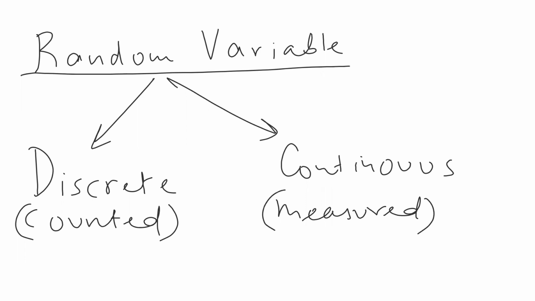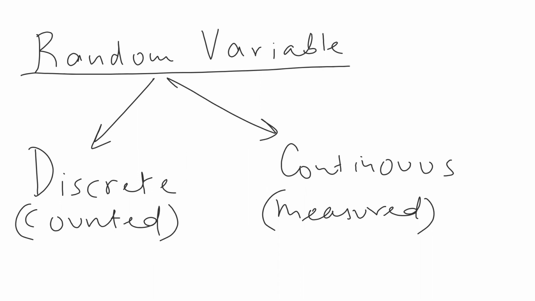Okay, discrete random variable, some examples I will give you, like number of floors in a particular building, number of students in a class. But then continuous random variable cannot be counted, it can be measured. So height of a student, weight of a student. Okay, so these are continuous random variables. Now discrete random variables, they generally take up integer values.